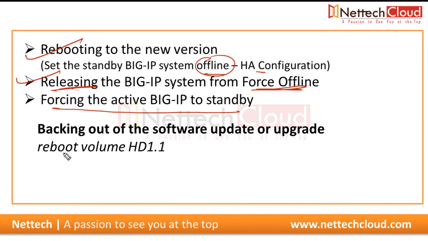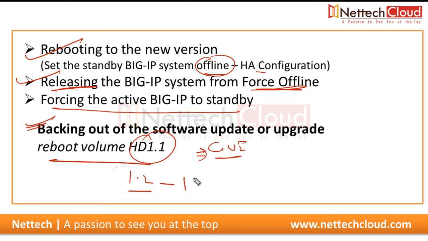And in case something goes very wrong, like the device is not booting up properly, maybe in GUI mode or the config utility, or it is unable to load the configuration file, you can back out. You can back out with the command reboot volume HD1.1, because 1.2 means the latest software, that is 16.x, and 1.1 is the existing one, that is 15.x, right?